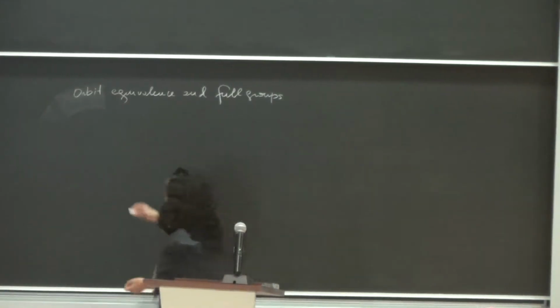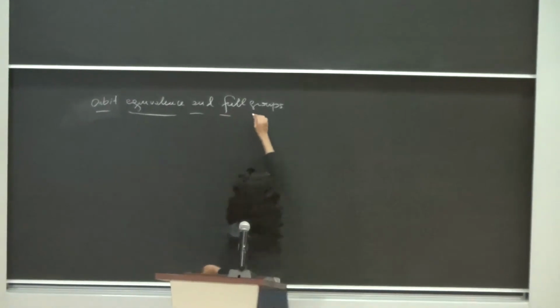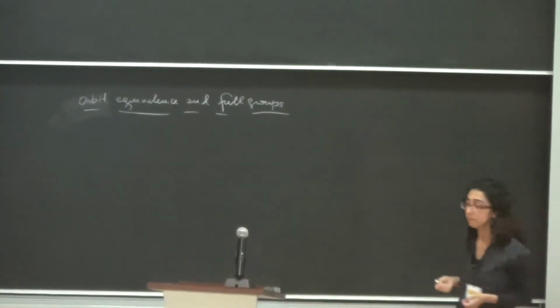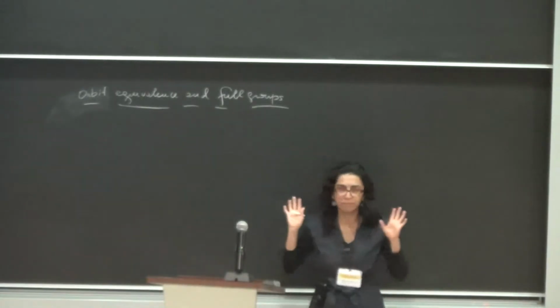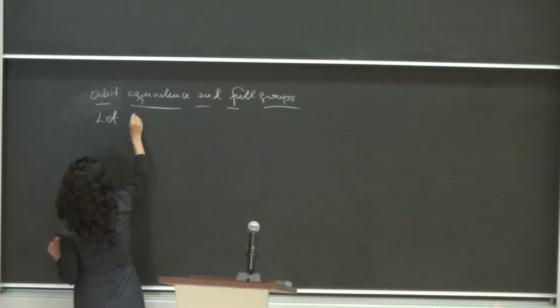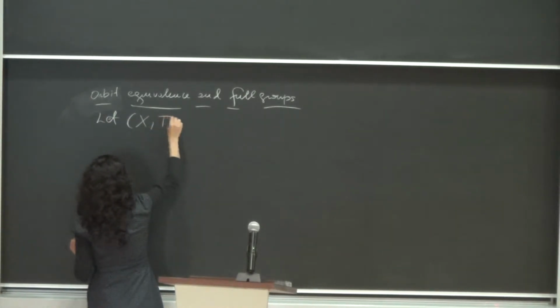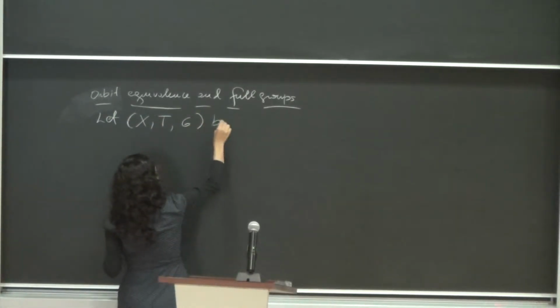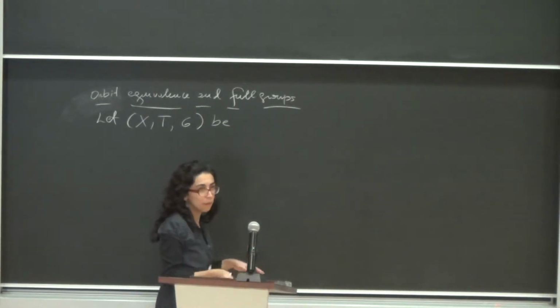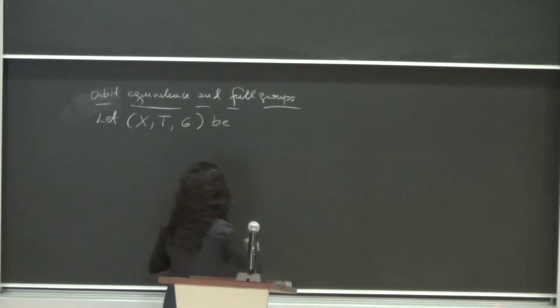I'm going to work always with the Cantor system at the beginning for a group action. So suppose that we have a Cantor system. In general, I'm going to work with free and minimal Cantor systems, but sometimes it's not necessary.